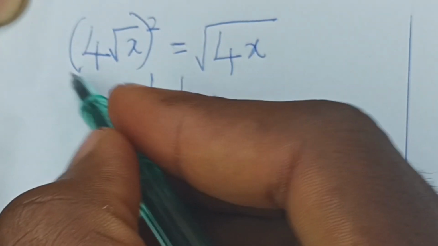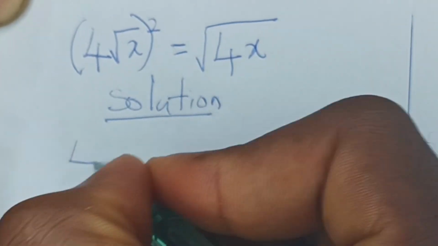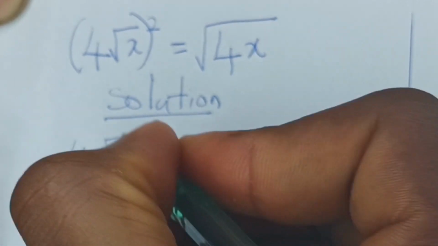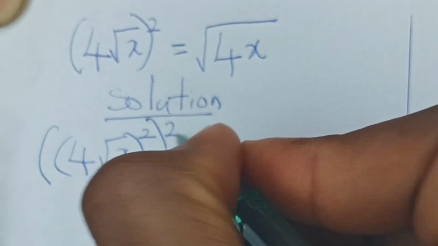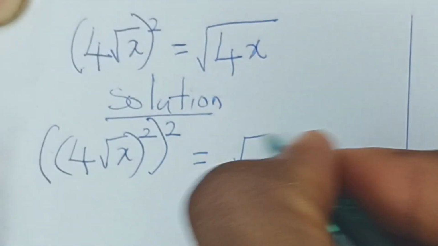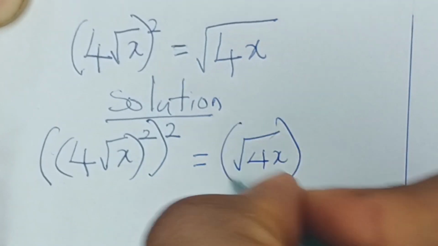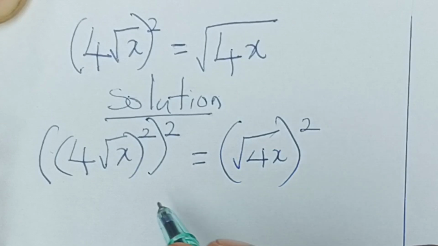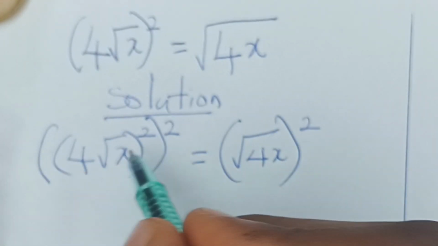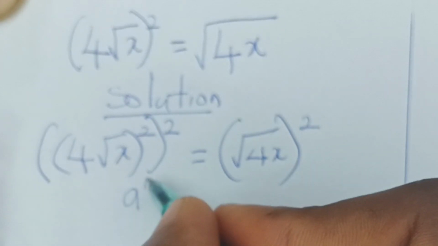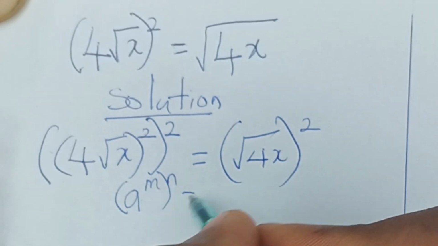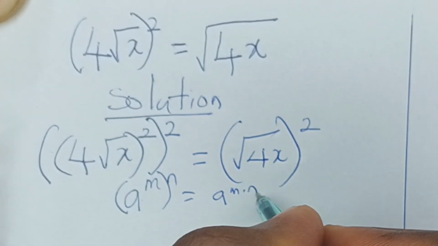Okay. Now, squaring both sides, we would have the fourth root of x, all squared, to be equal to the square root of 4x, all squared. Now, the fourth root of x, all squared, is given by this relation: a raised to power m, all raised to power n, is equal to a raised to power m multiplied by n.